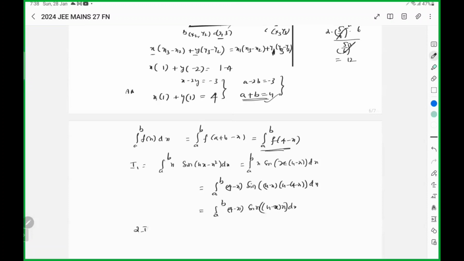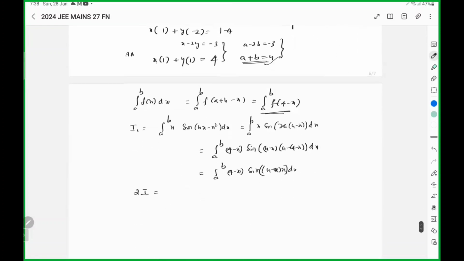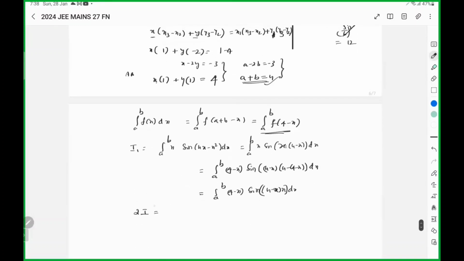So adding these two integrals, you get 2 I1, because I1 I got as integral a to b (4 minus x) sine of (4x minus x square) dx.